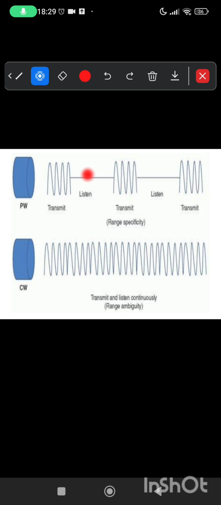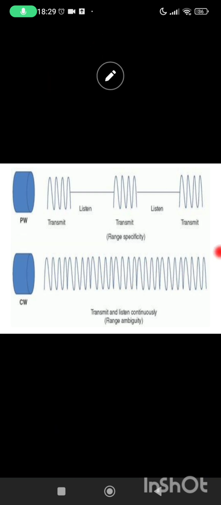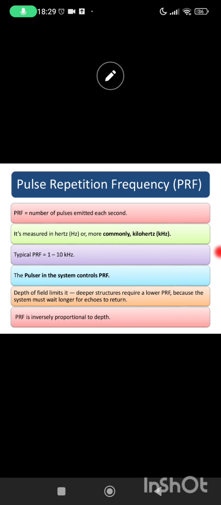In that break there is only listening. Then transmission, break, then transmission. CW has continuous transmission and continuous reception of the echoes. So how many crystals does a pulse wave transducer use? Only one. It sends and receives both.